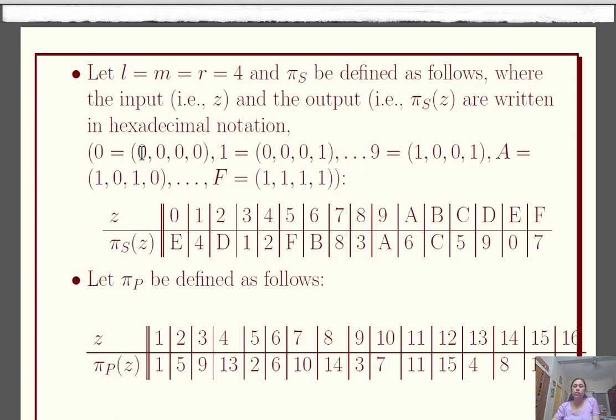We have a total of 16 4-bit strings. 4-bit 0000, and we encode it as hexadecimal. So this 0000 corresponds to 0, 0001 corresponds to 1, this one corresponds to 9. This correspondence you can easily make. Okay, so it is written in this, and for that substitution, 0 is substituted as E, 1 is substituted as 4, 2 is substituted as D, like that. This is the whole table.